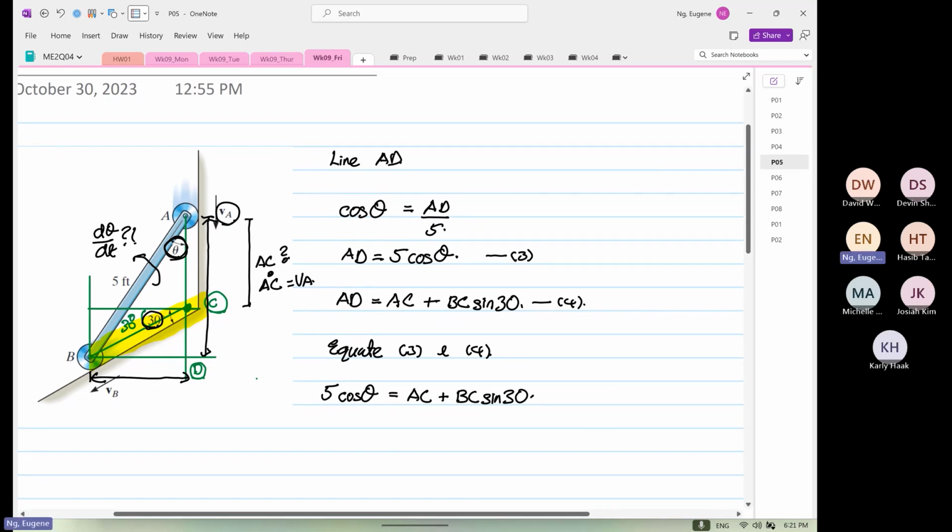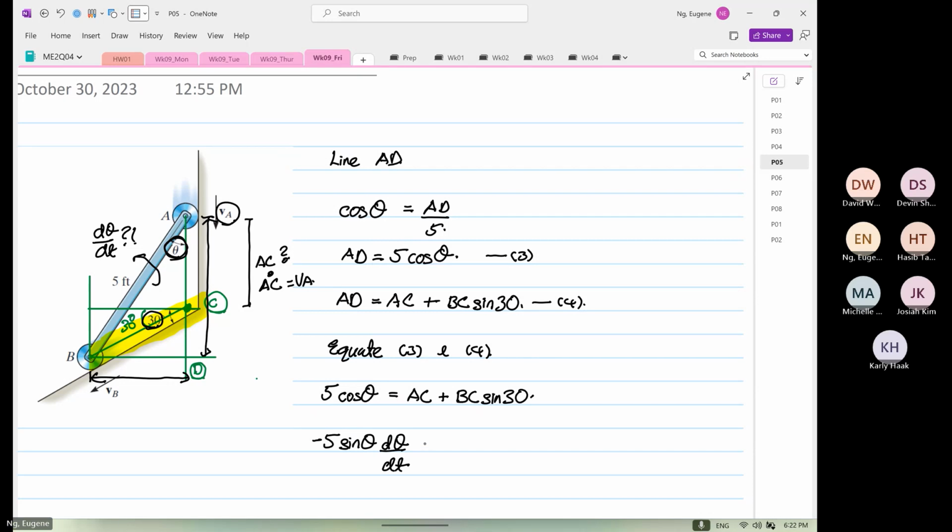So now if we were to differentiate, so minus 5 sine theta d theta over dt, this will be equal to AC dot plus BC dot sine 30, which is equal to 0.5. Okay.